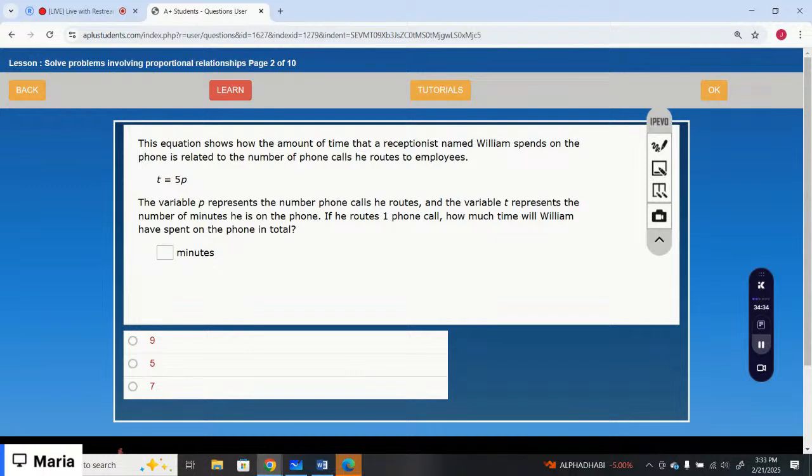So T equals 5P you are given. P equals 1. 5 times 1 is 5. Option number 2 is the correct option.